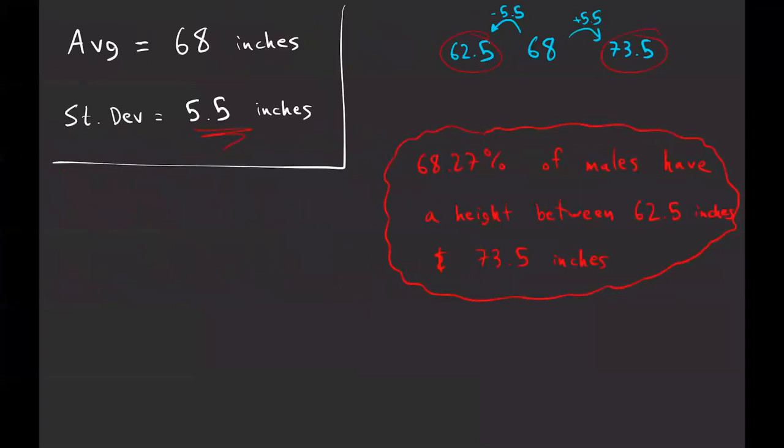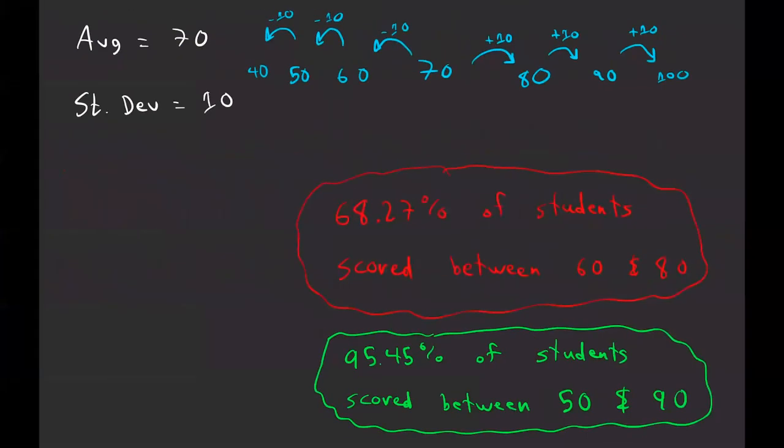And so if I'm looking at these test scores here, and I say, all right, I want to know how far away is 50 from my average of 70. Well, there's a couple of different things you could say. You could say it's 20 away.